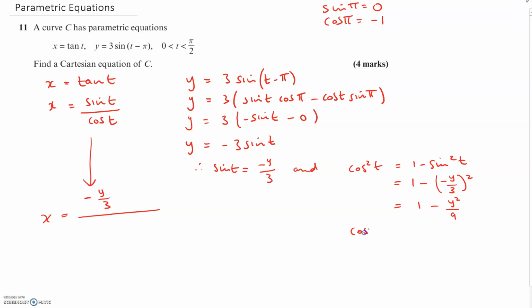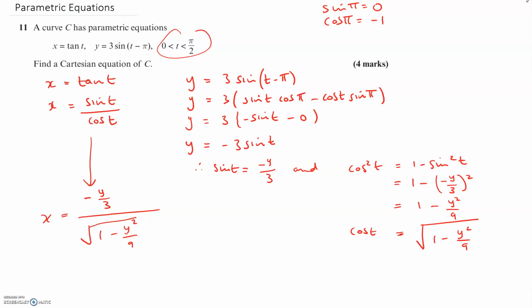That's cos squared, so cos t is going to be the square root of that. And maybe asking, is that plus or minus? It's just going to be plus, because cos t in this domain is positive. So it's the positive root. So that's what's going to go over here now on the bottom. And there we go.